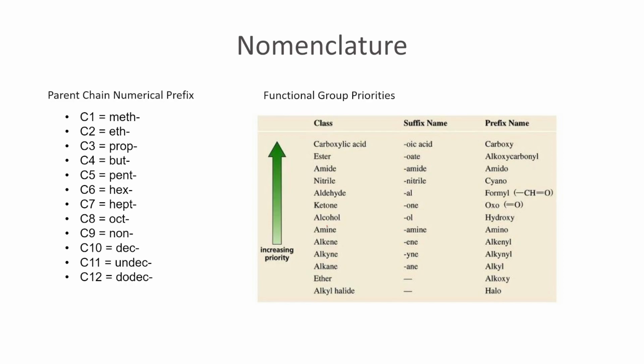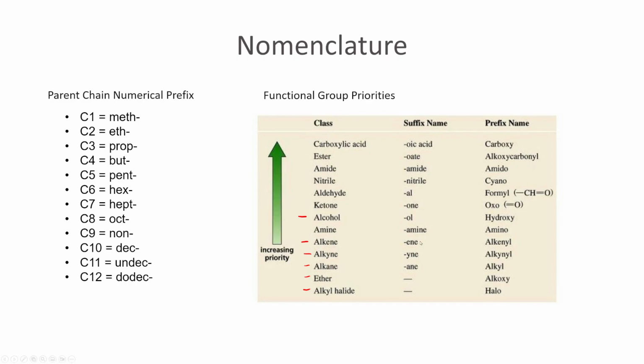Now, in our previous class, we only did alcohol, alkene, alkyne, alkane, ether, and alkyl halide. In this class, we're going to start to name amines, ketones, aldehydes, nitriles, amides, esters, carboxylic acids. Currently, our highest priority group is the alcohol, followed by alkene, alkyne, and so forth.